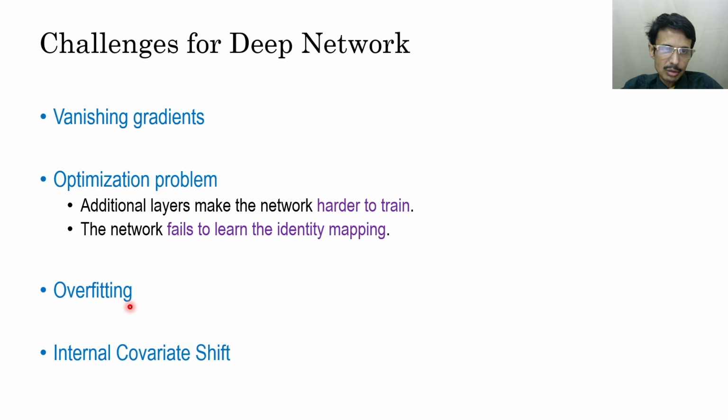Overfitting is also one. So we have seen different problems, but in this part of the lecture we look at how to solve them, because this is a very important problem.